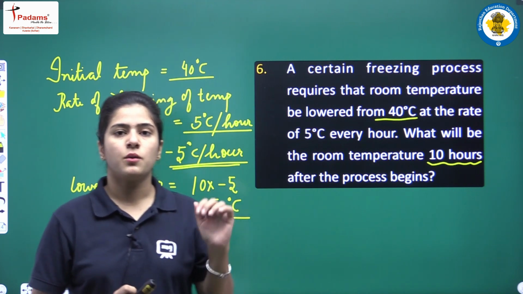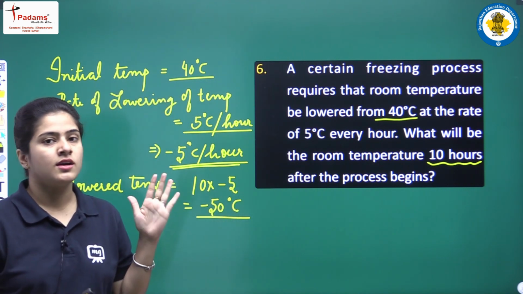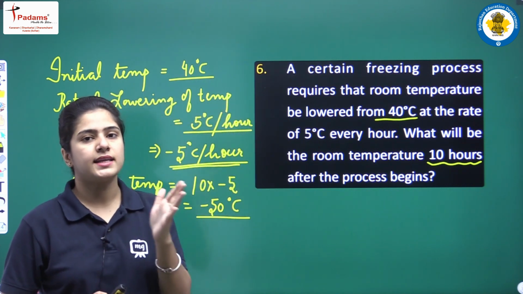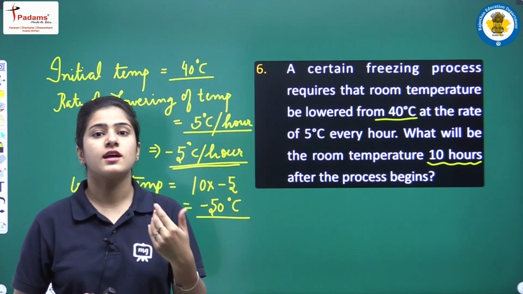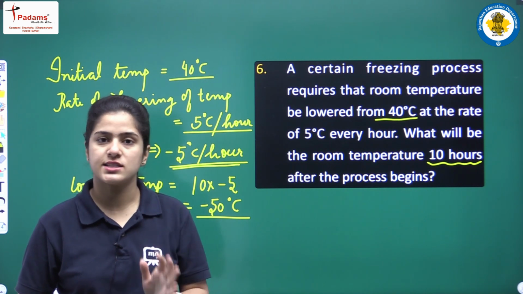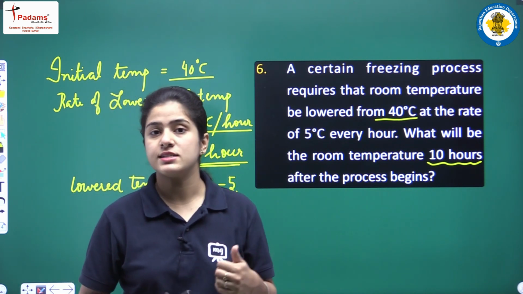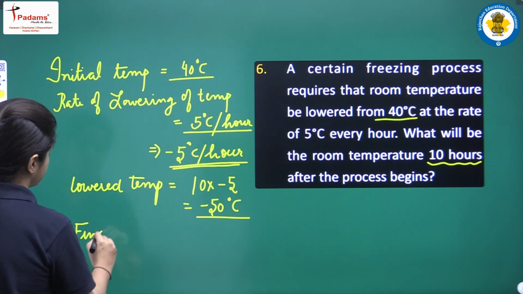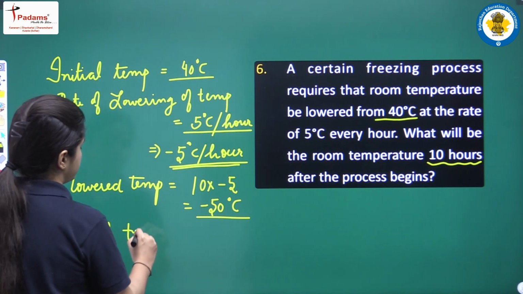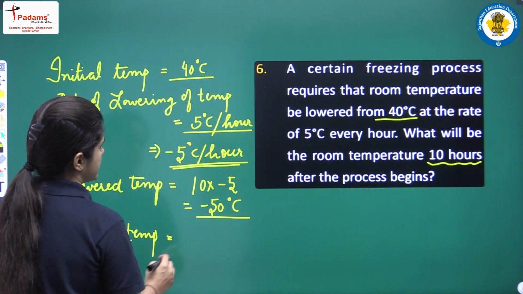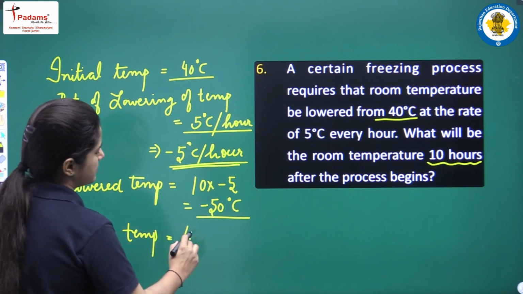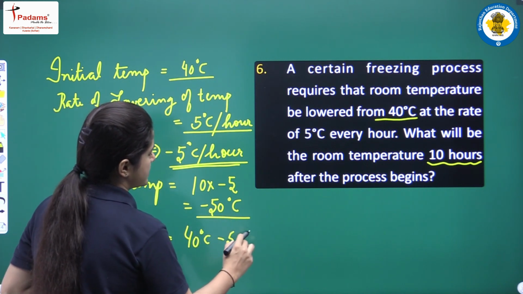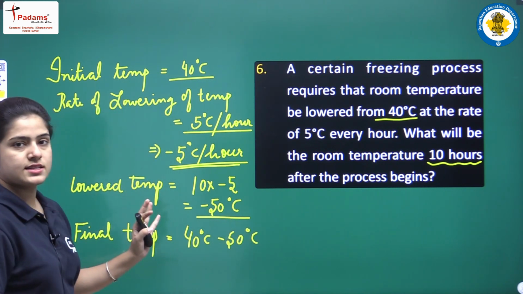Alright students, what was the initial temperature? 40 degrees Celsius. From that particular 40 degrees Celsius, 50 degrees Celsius is lowered. Then the final temperature is equals to initial temperature minus 50 degrees Celsius, the temperature that is lowered.